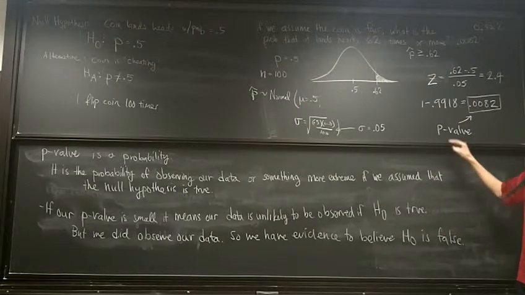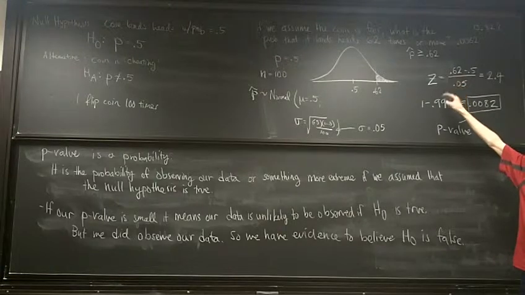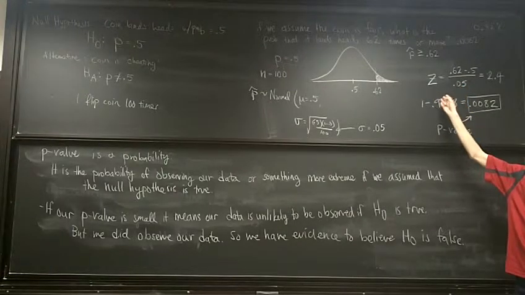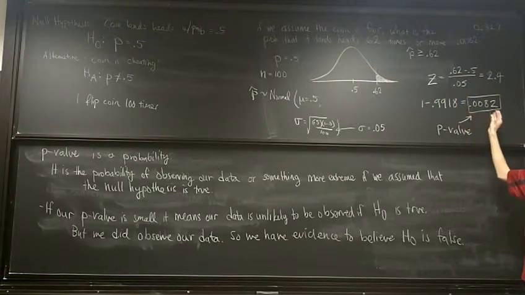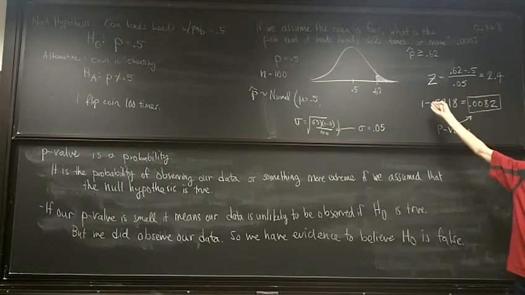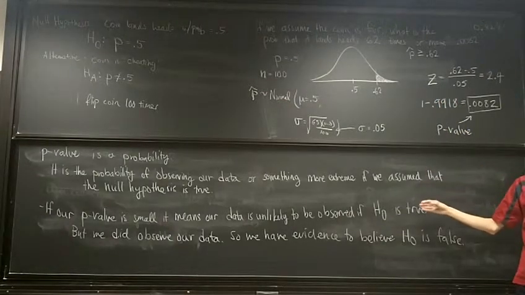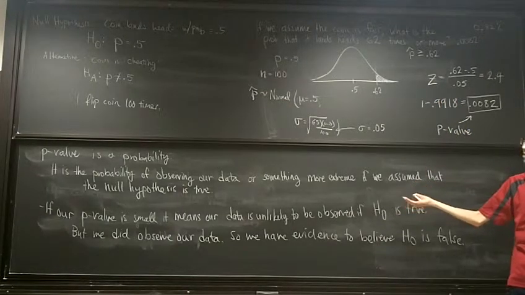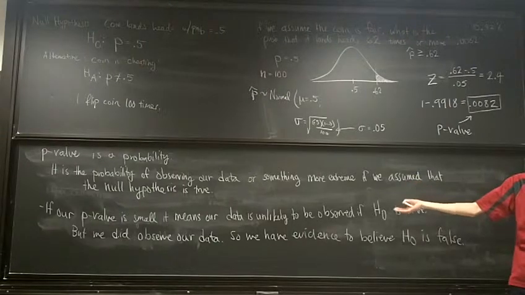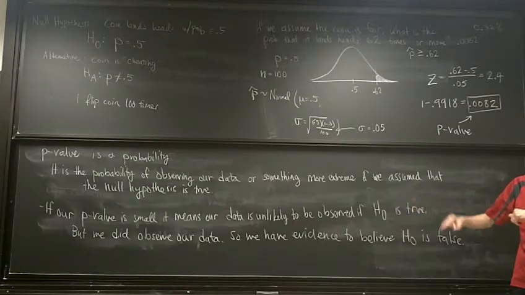What happened was we flipped the coin 100 times and it landed heads 62 times. My p-value is 0.0082, which means a coin landing heads 62 times is very unlikely to happen if the null hypothesis is true, or if the coin is actually fair.